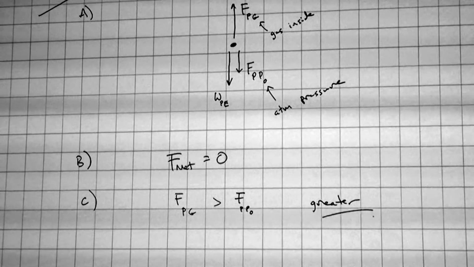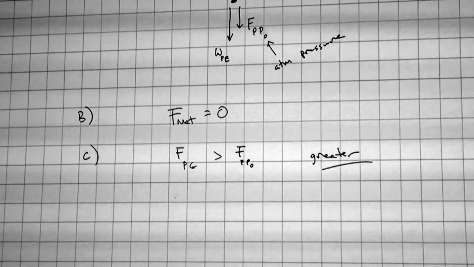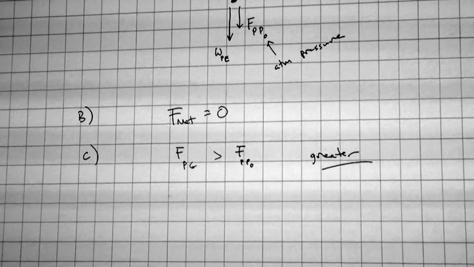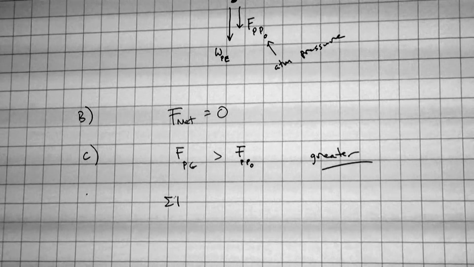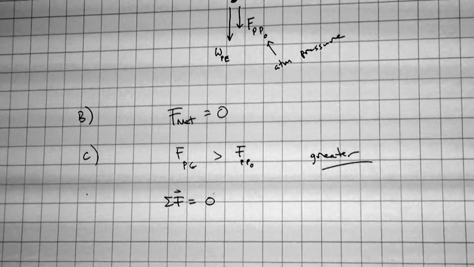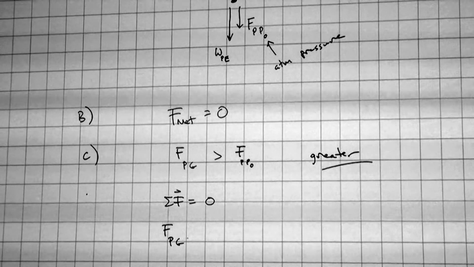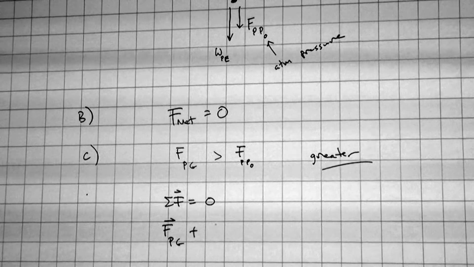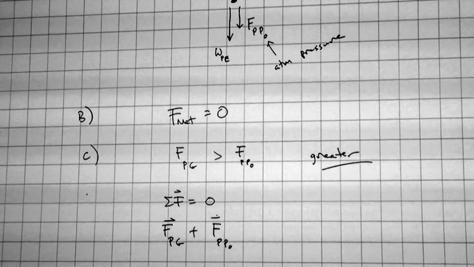And what's our equation that puts all this together? Sum of the forces has to be 0, right? So we get the force... it is a vector equation. So some of these will be in the positive direction and some will be in the negative direction.